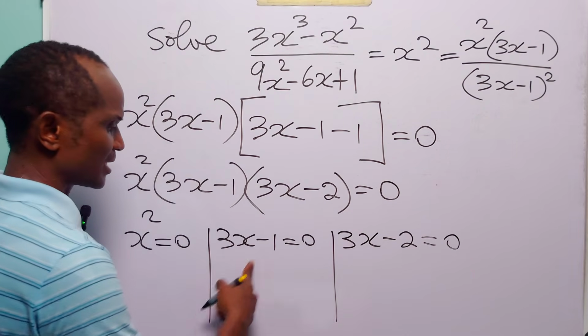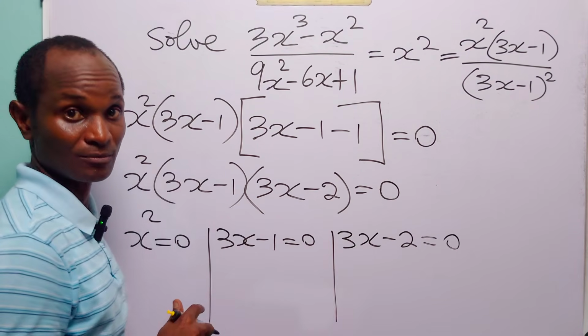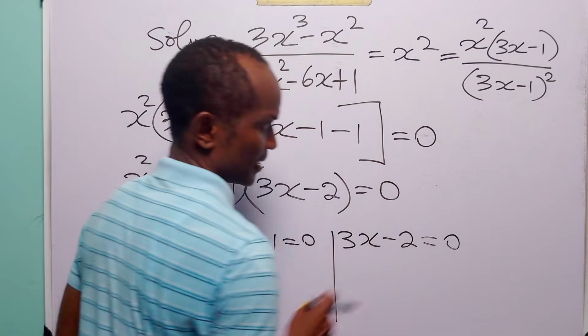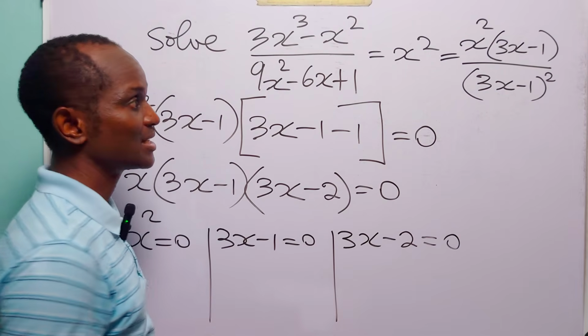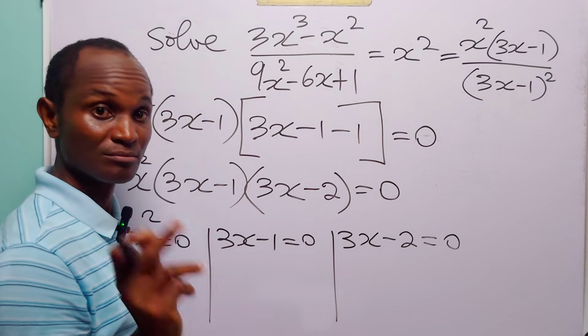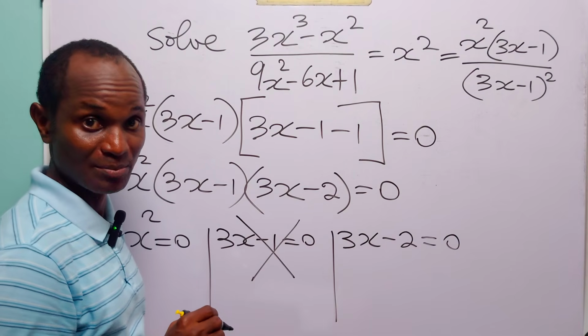But now, before we look at these three equations, let us go back to the original rational equation. Here in the denominator, we have 3x minus 1 squared, but we cannot divide by 0. So that means that 3x minus 1 must not be equal to 0. So that means that this equation is not acceptable.